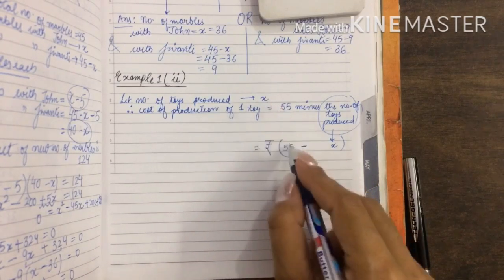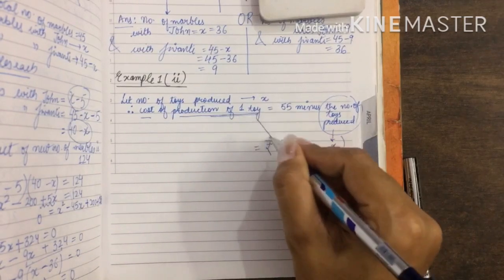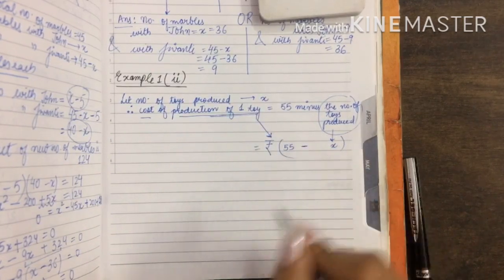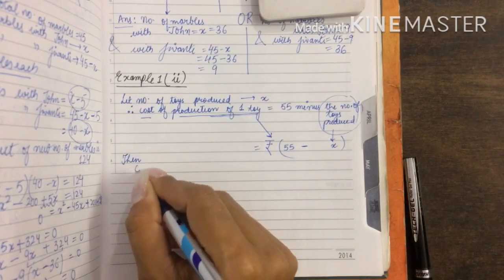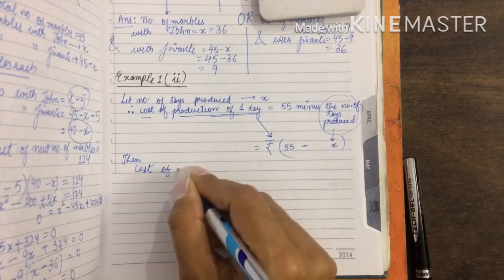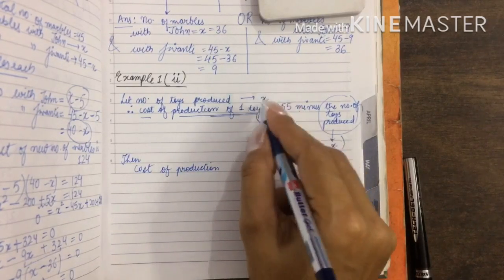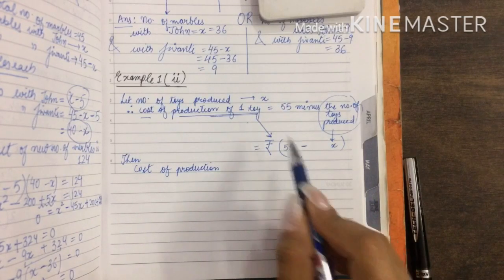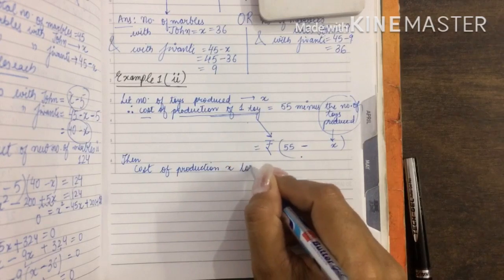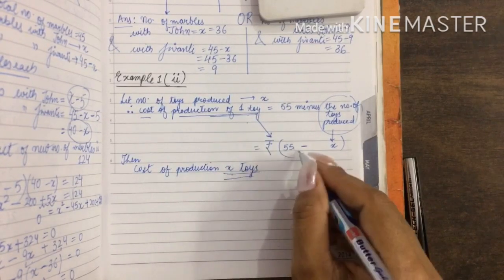Now using these two, if the cost of production of one toy is 55 minus x rupees, then the cost of production of all these articles, for x toys, from 1 to many we have to multiply.